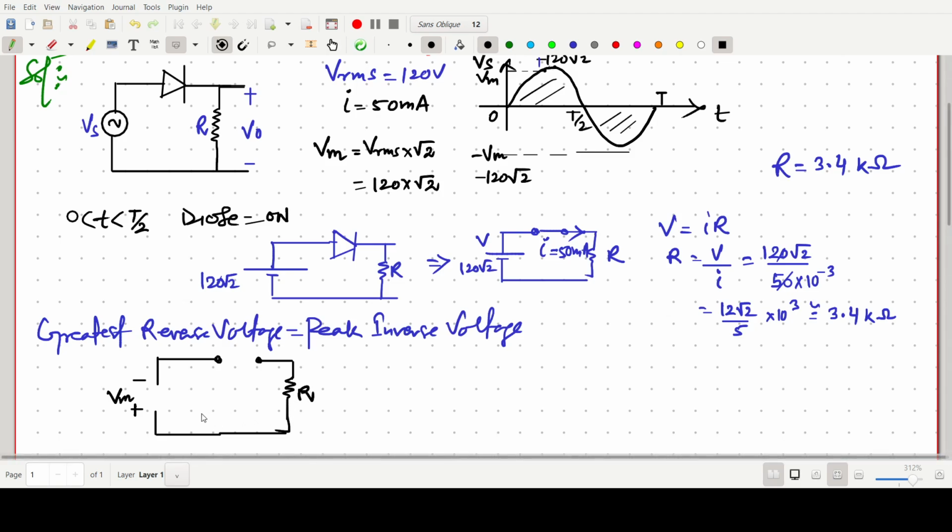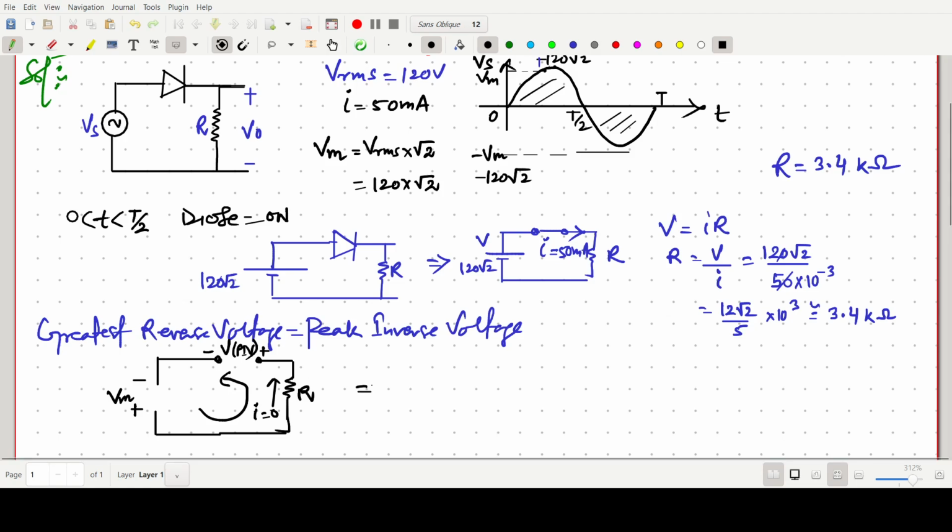Now if we apply Kirchhoff's voltage law, this value is nothing but simply VPIV, sometimes said peak inverse voltage. In a half wave rectifier, we know the peak inverse voltage is Vm.